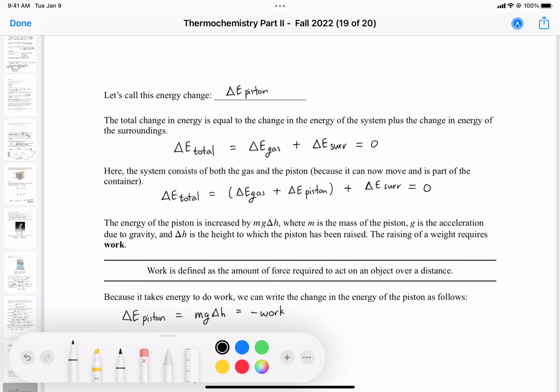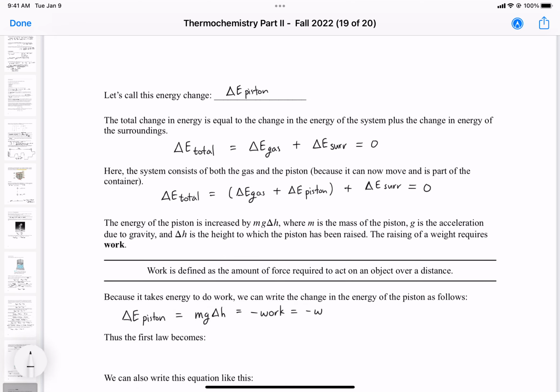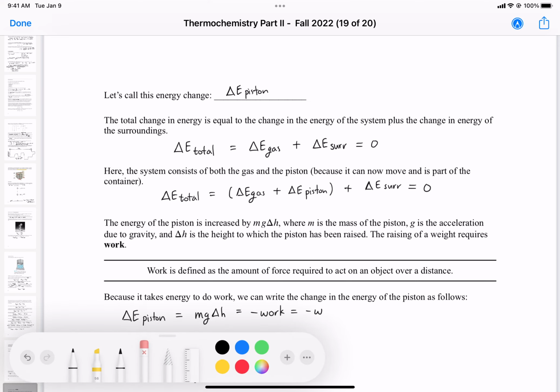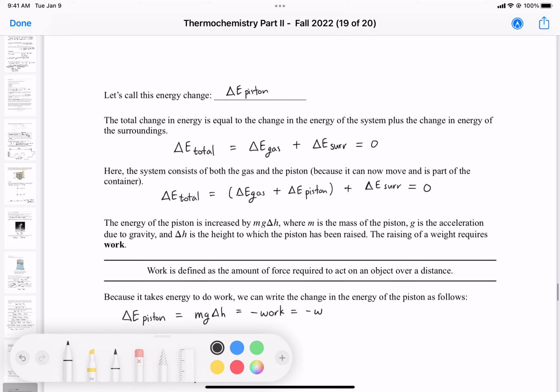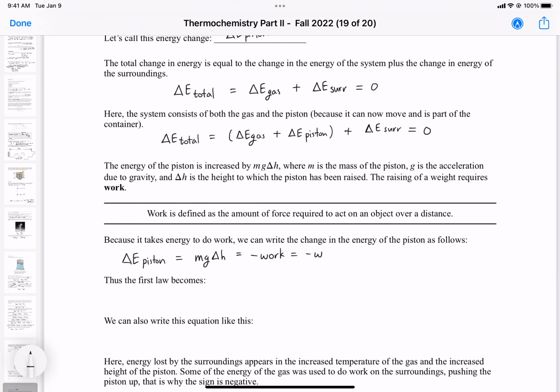So that's why when you see the gases expand and stuff, you always see a temperature increase. Okay, negative W. All right. Now we could say the first law of thermodynamics, we could say delta E total equals delta E gas.